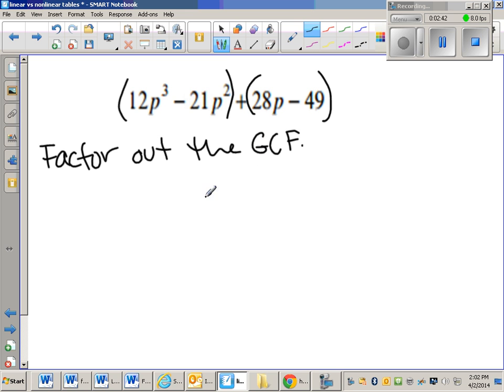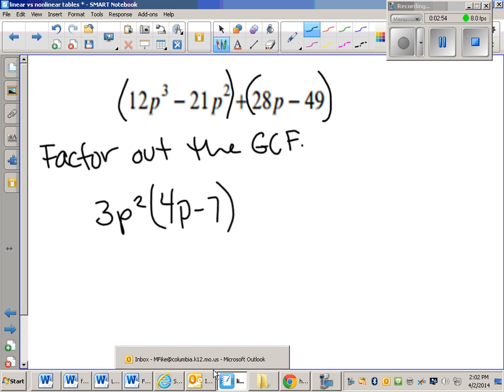So this first one would be what? 3p squared. And that would leave me with 4p minus 7 on the inside. Then I'm going to factor out the greatest common factor in this guy, which looks like 7. So if I factor out a 7, I get this plus sign right here from this plus sign right here.